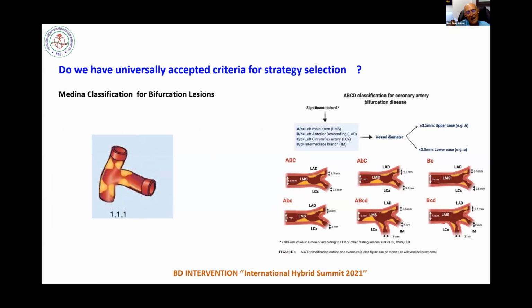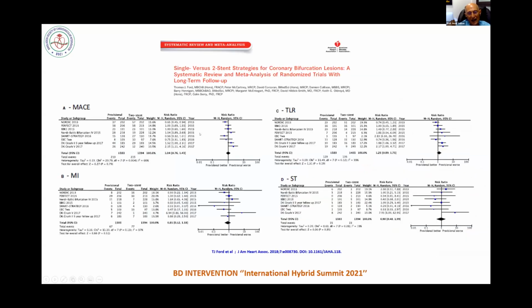Then Medina is the most used, and a bifurcation like this is almost considered in all studies, I would say, a complex bifurcation because it is simply 1-1-1. And if we look at meta-analyses coming from these studies, we see that there is no difference, that means no difference using one stent as compared to two stents.